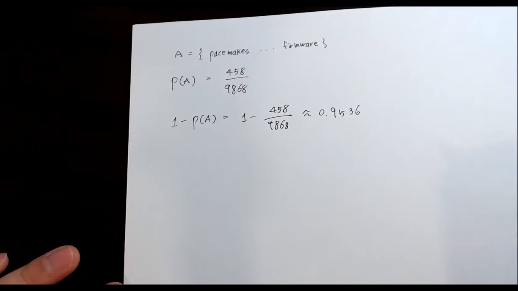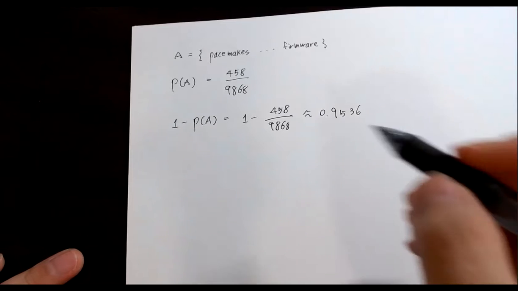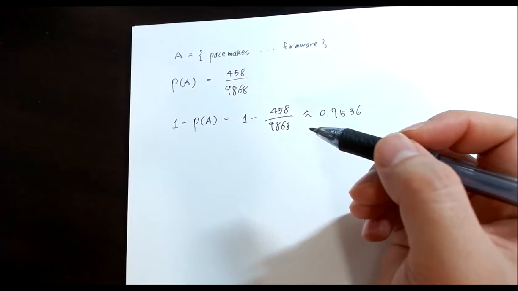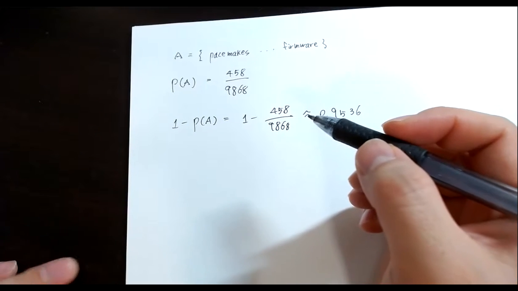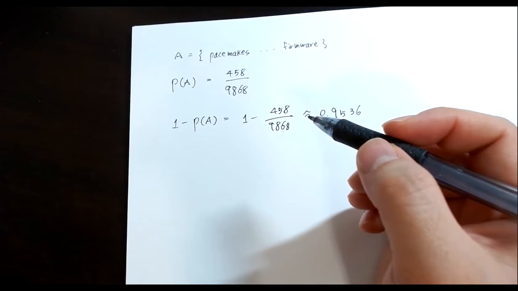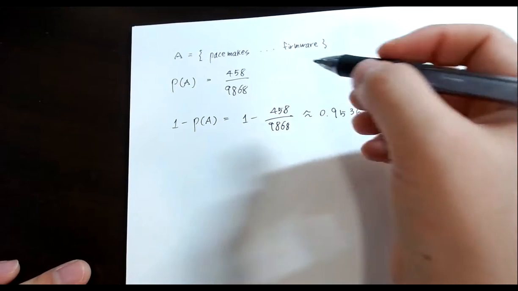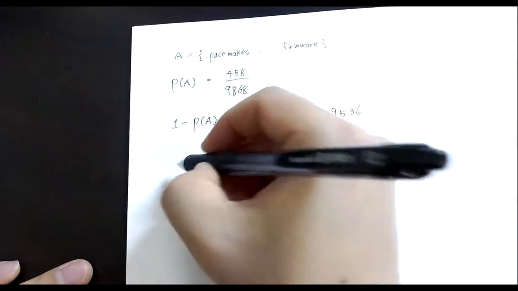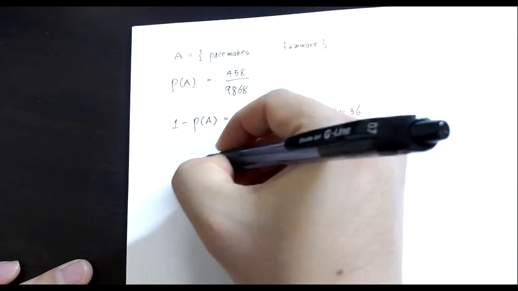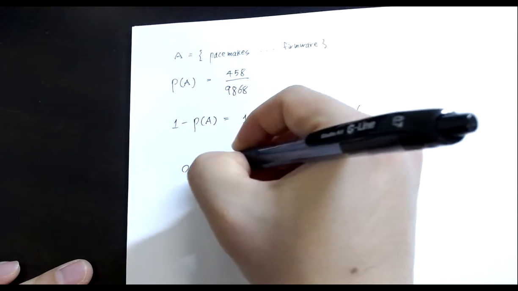So the probability that we select a pacemaker not caused by the formula is 0.9536, right?